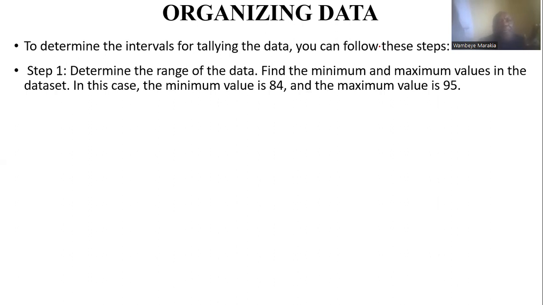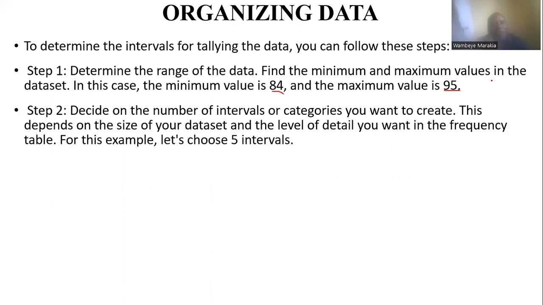Range simply means the difference between the highest value and the lowest value. So from our data, the highest value was 95 and the lowest value was 84. So the range will be 95 minus 84. When you subtract this, you'll get that our difference, or our range, will be 11.